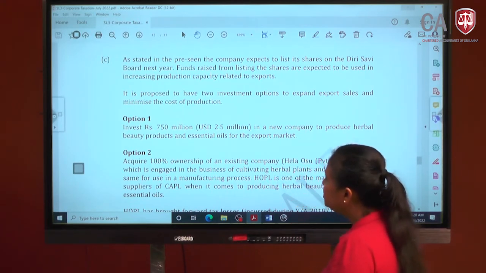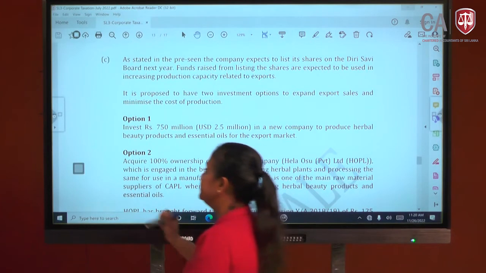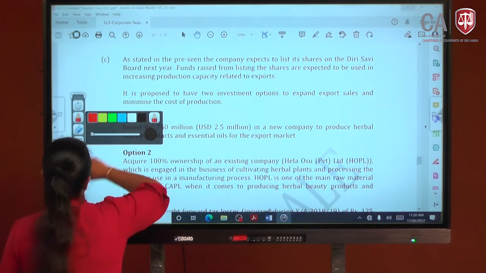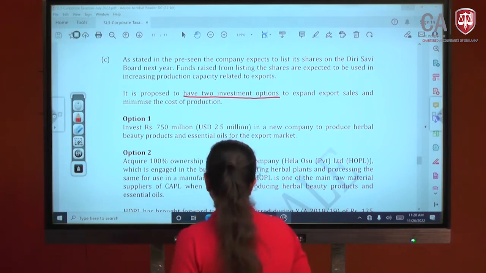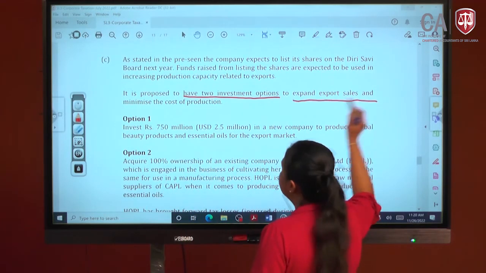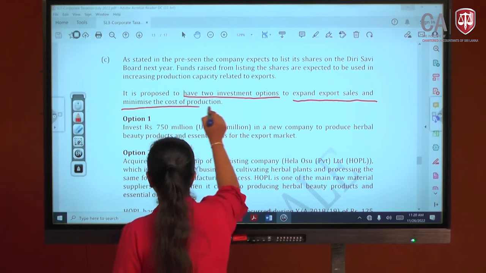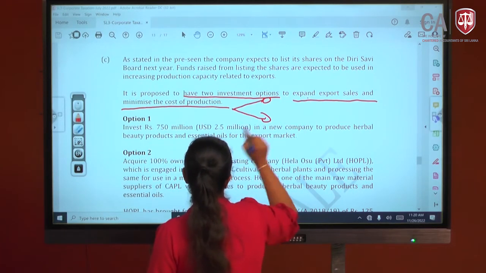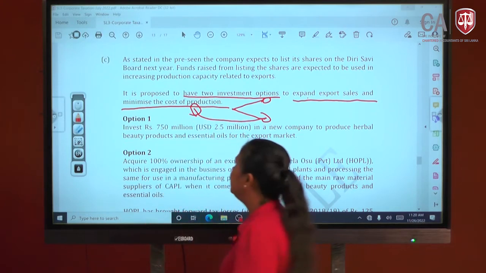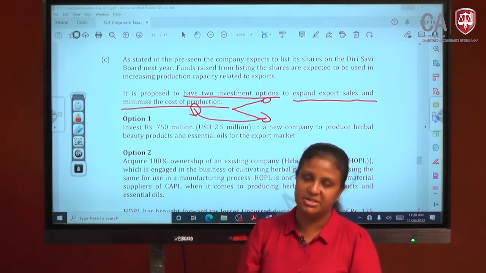It is proposed to have two investment options to expand export sales and minimize the cost of production.